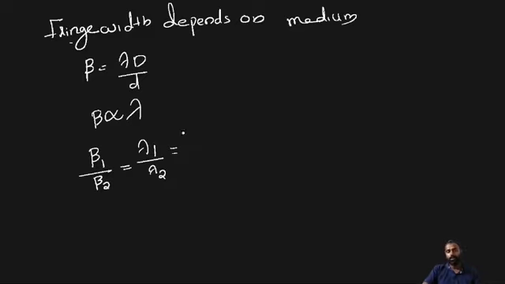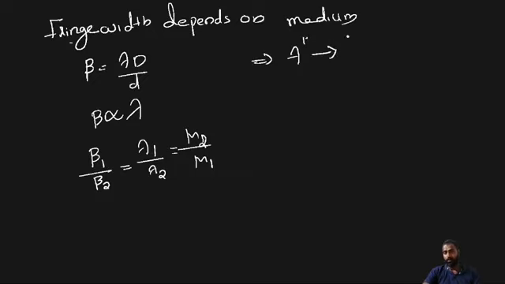That is, refractive indices are mu1 and mu2. Beta1 by beta2 is lambda1 by lambda2. This is mu2 by mu1, because lambda depends upon the refractive index of the medium.